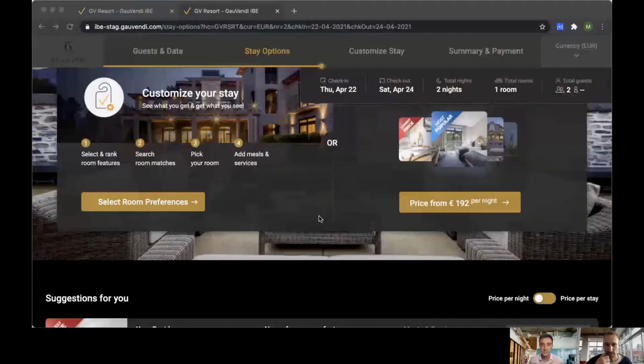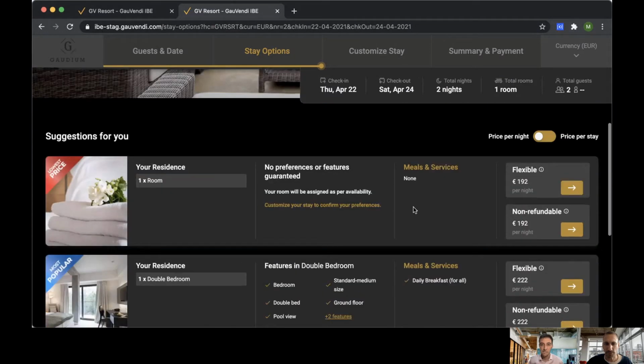So in principle, we could do the following. Do you see my screen? Yeah. We could say, all right, here is the lowest price, and the lowest price is offering a room, but you don't know which room.